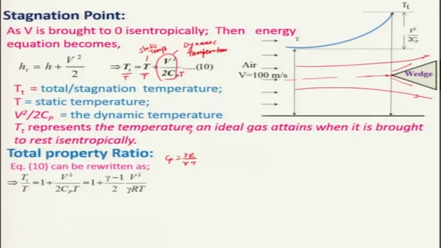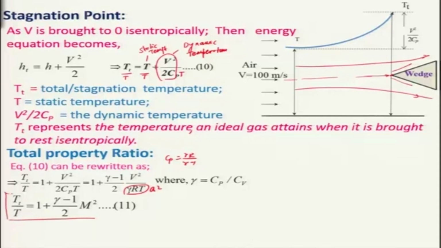So, V square by 2 you can keep, this is basically your A square, and this V by A is nothing but your Mach number, and therefore, Tt by T is equal to 1 plus gamma minus 1 divided by 2 Mach number square. This is an expression for the temperature ratio, particularly the total temperature and static temperature ratio.